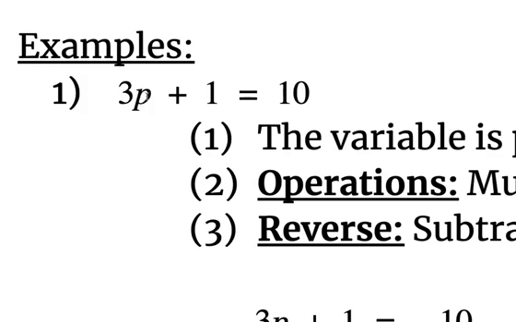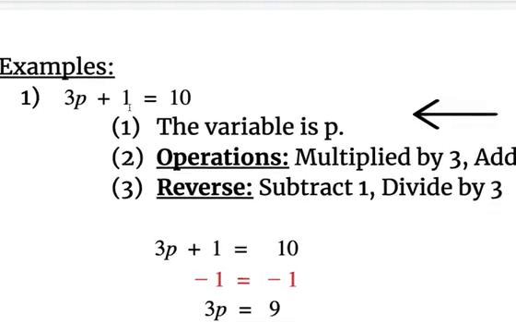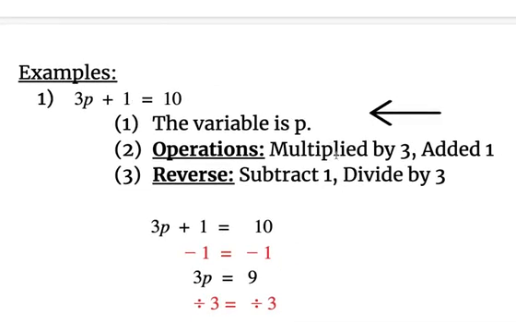And there is no operation sign next to it, but it's actually multiplication because there's an invisible multiplication sign right there. So the first operation that it went through was it got multiplied by 3. Again, a lot of people think that it's adding, but it's literally attached to that 3 through multiplication.